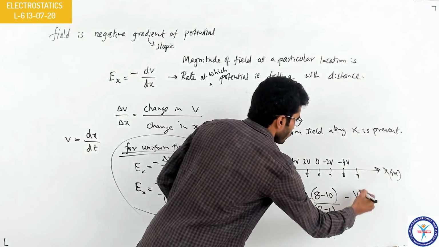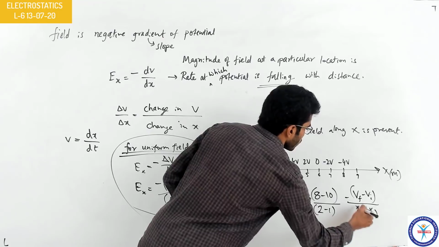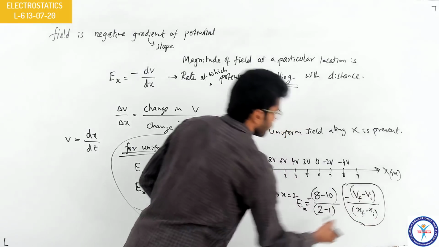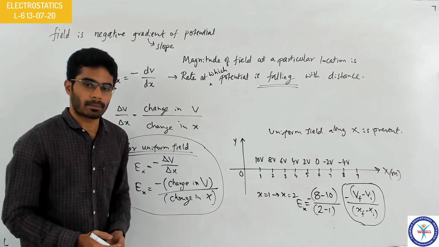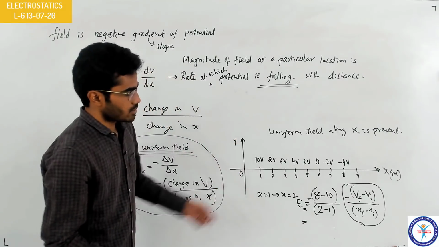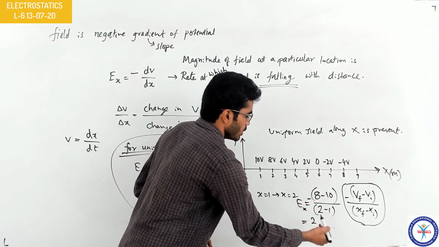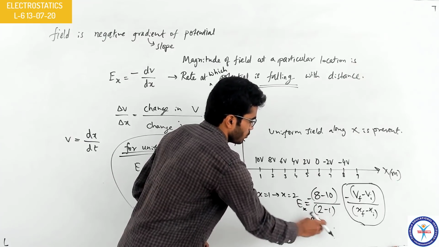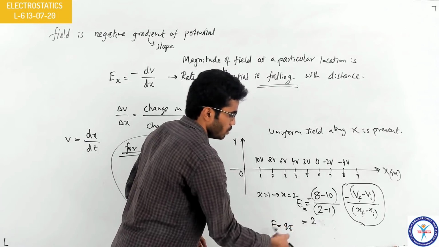This is minus of V final minus V initial by X final minus X initial. Right, 8 minus 10 by 2 minus 1, and negative of it. So what is that? Calculate. It is minus of minus 2, you get 2 units. What are the field units? It is newton per coulomb.